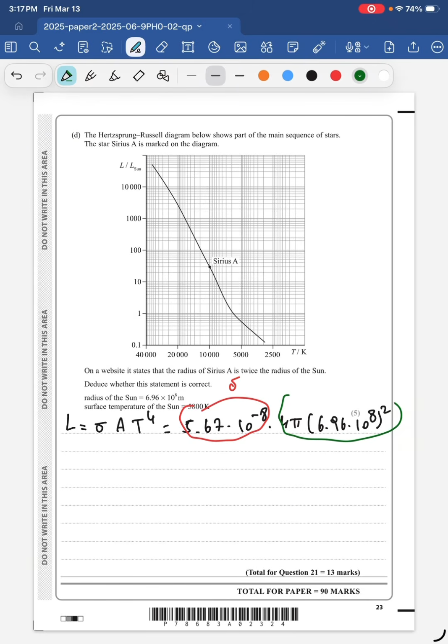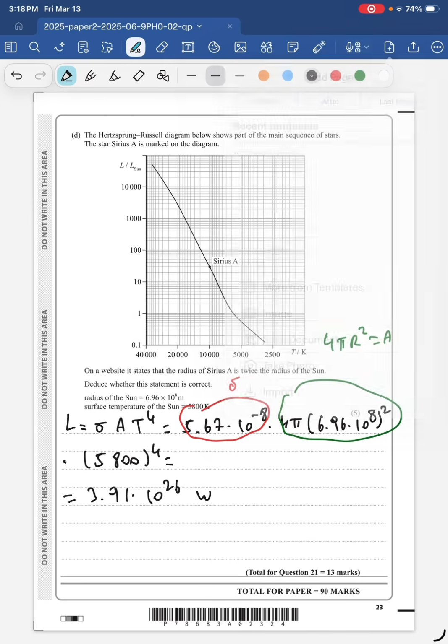So now this is 4 pi r squared, which is the area of the Sun. And then we still have to multiply with the temperature to the fourth, 5,800 to the fourth. And if we carry the calculation, we will find 3.91 times 10 to the 26 watts.